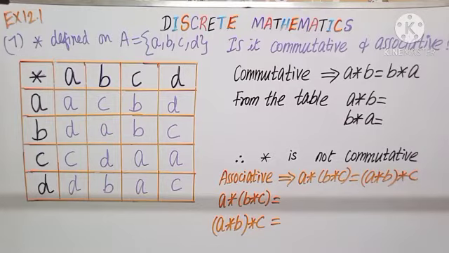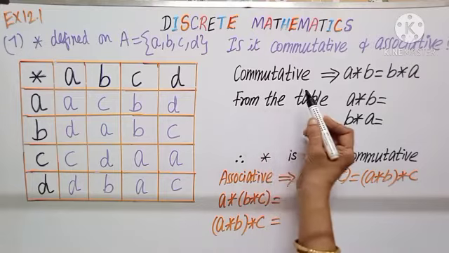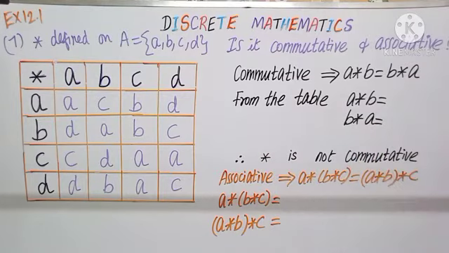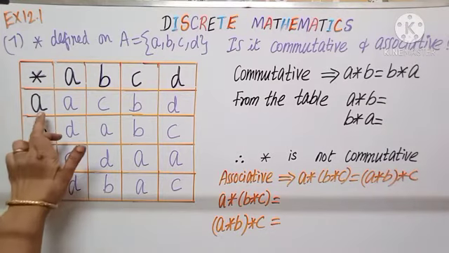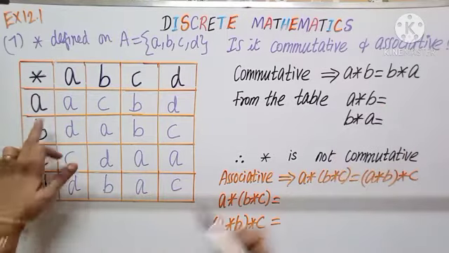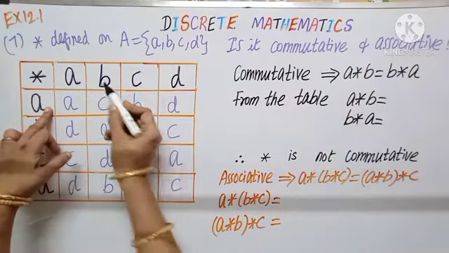Question number 7. Star is defined on a set A containing A, B, C, D, which is given in the table. Check whether it is commutative or associative. What do you mean by commutative law? We say A star B equals B star A. From the table, we must check this way: first element check here, second element check here.